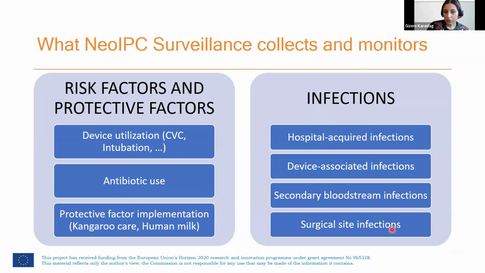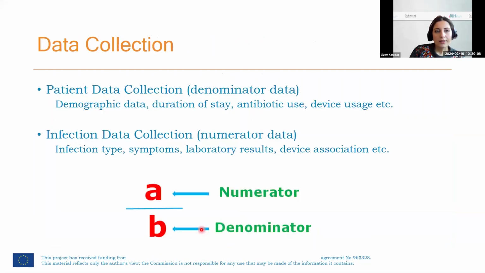And we don't only collect data on infections themselves, but also data about the risk factors and protective factors related to these infections, such as device usage, catheter usage, intubations, antibiotic use, and under protective factors, we can count obviously kangaroo care and human milk. So that's a quick summary of what kind of data we collect.